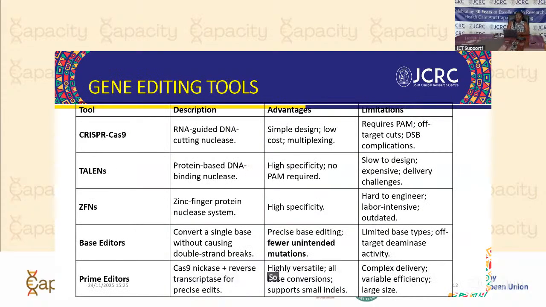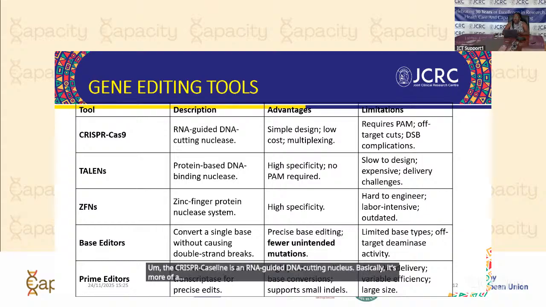So what tools do we use for gene editing? We use the CRISPR-Cas9, and this is the one that is currently in the spotlight. The CRISPR-Cas9 is an RNA-guided DNA cutting nuclease. Basically, we usually simplify it as a molecular pair of scissors.